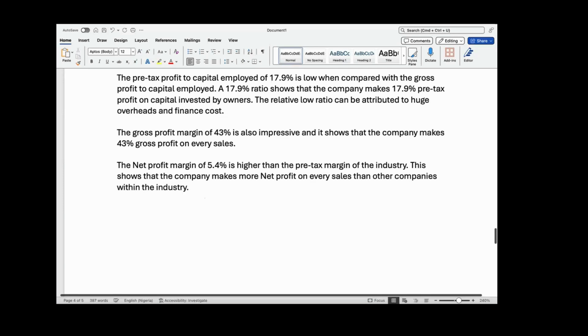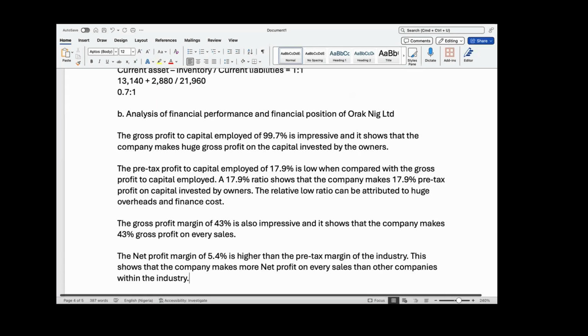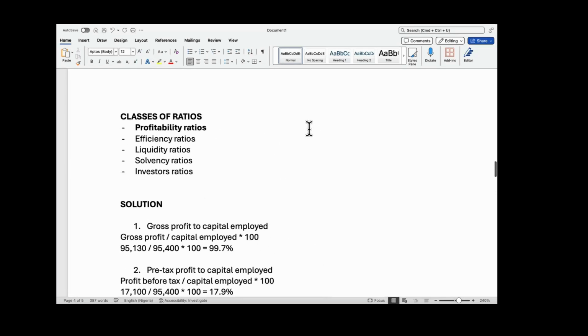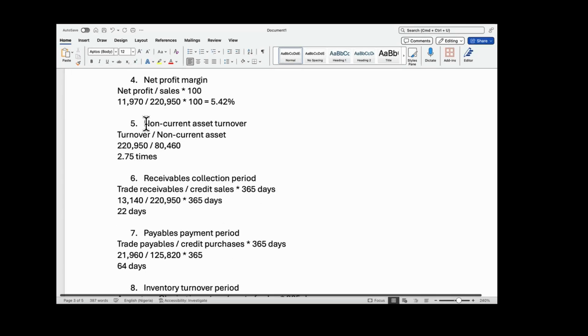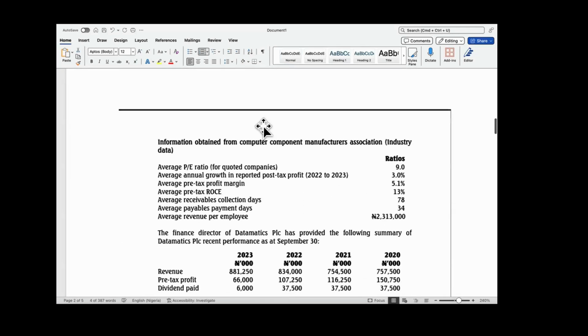You see, this analysis will not take me a few seconds to put up. So I can analyze everything in such a way that I will get 8/8 because I've analyzed all the ratios I computed and I'm not taking so much time. I will go to the next one, which is my non-current assets turnover. I will look at the industry average they gave me. I was not given a comparable ratio.